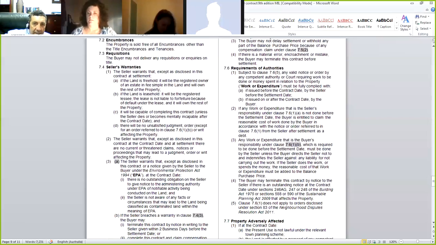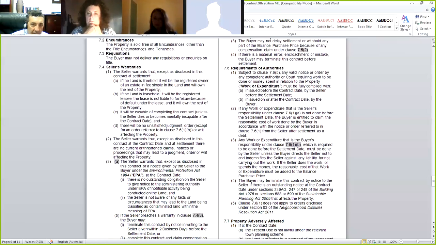Now, the interesting thing is that that notice, that requisition, that order, if you like, has come about after the date of contract, because the date of contract is the date when the contract comes into existence. It's not settled because there's normally 30 days between the contract date and the date of settlement when the property transfers.